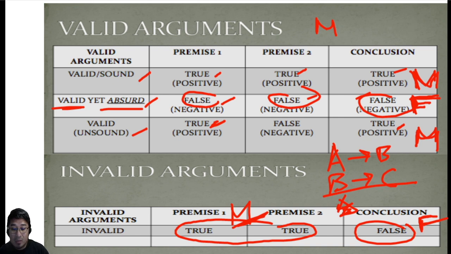So, A is B. If A is B and B is C, ang magiging sagot natin dito is what? Is A is C. Okay, now, I'm going to check your seat work. The seat work is about valid and invalid arguments, and then you have to determine whether the conclusion is material logic or formal logic. And then you have to create your own conclusion dyan sa seat work nyo.